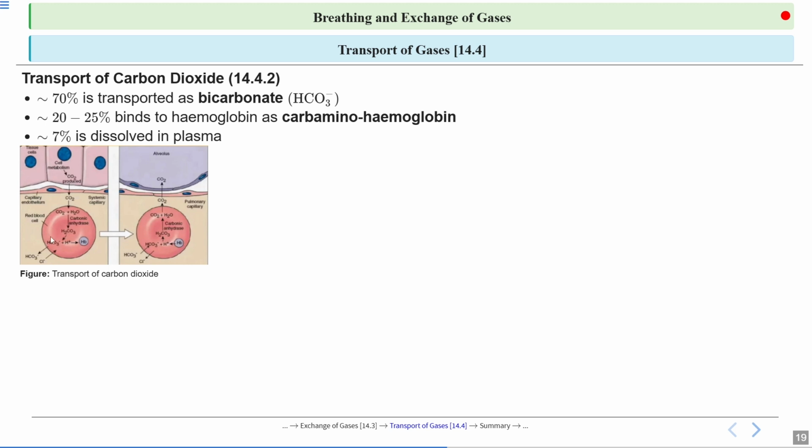Now you can see there is an increase of minus ion due to the formation of bicarbonate in the RBC. So this bicarbonate is transported back to the plasma from the RBC.